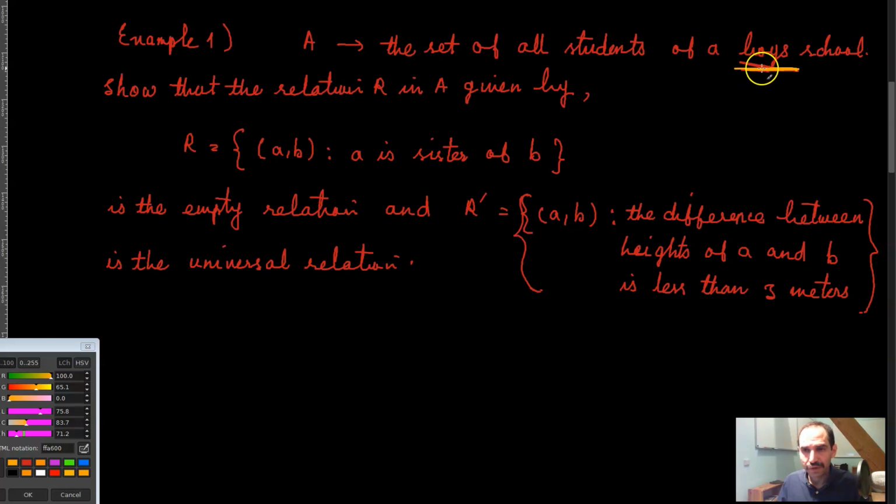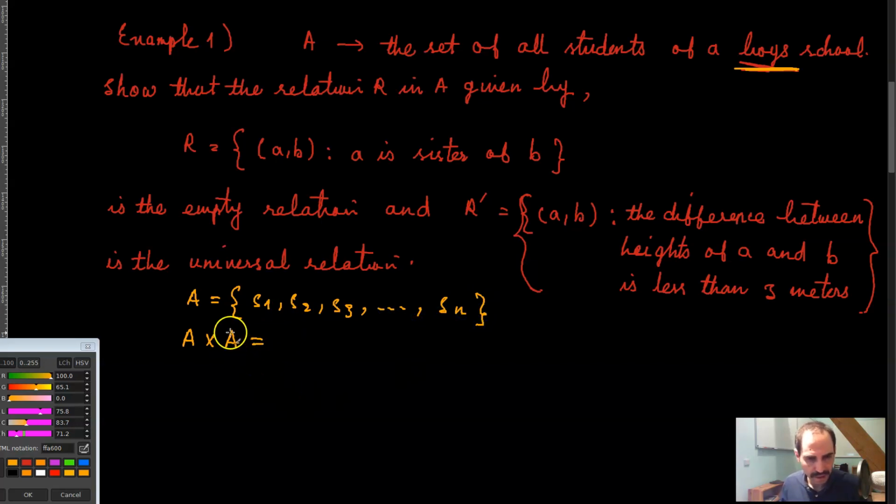because if you write down the Cartesian product of A and A, you could think of A as, for example, this set: student 1, student 2, student 3, and so on, all the way up to student n.